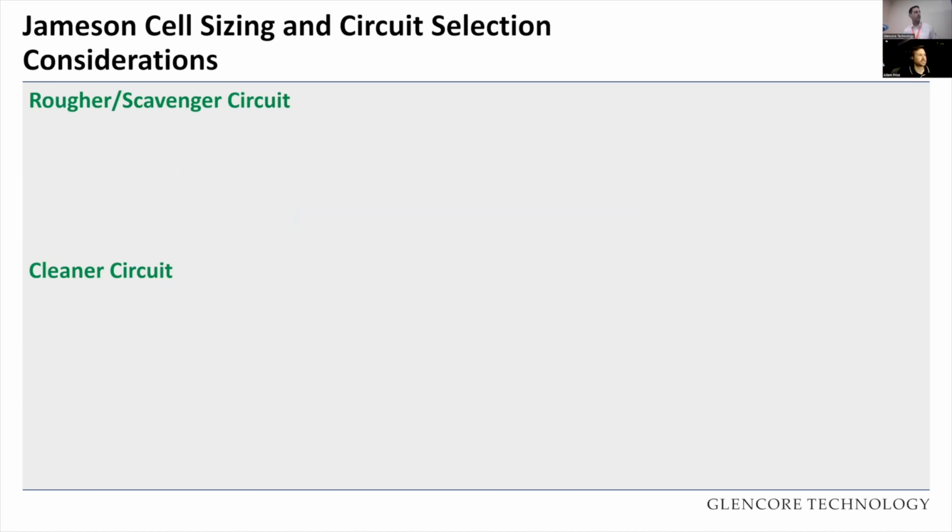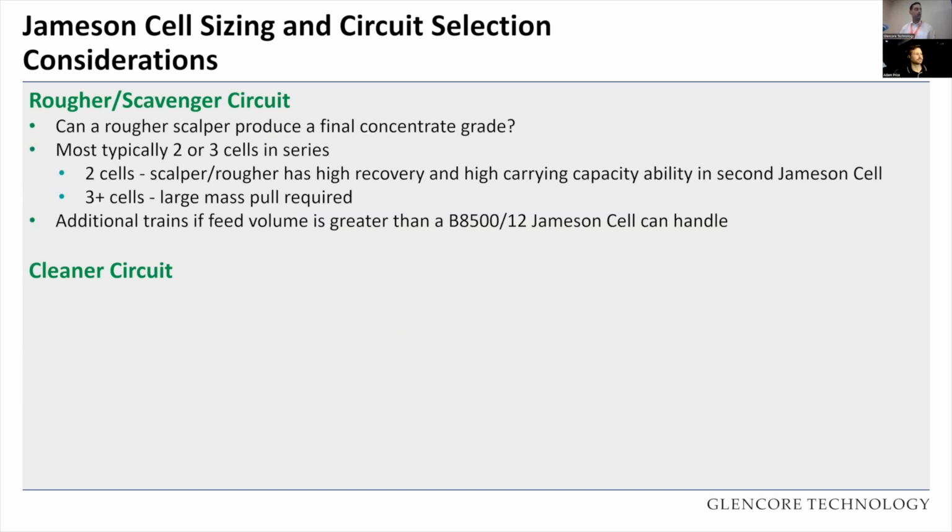So looking at the different sections of the plant and then how we would look at sizing for these specific circuits. So for the rougher scavenger circuit, we would be looking to see firstly if a rougher scalper can be installed at the head of the circuit.